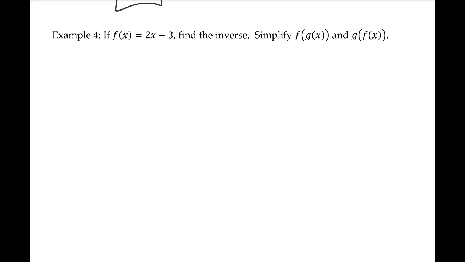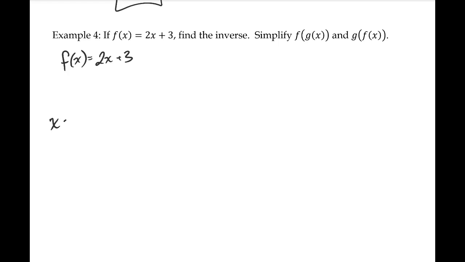Okay, so if f of x is 2x plus 3, find the inverse and simplify both composite functions. So what does that look like? Well, if f of x equals 2x plus 3, then we need to switch our quote-unquote y and x values.